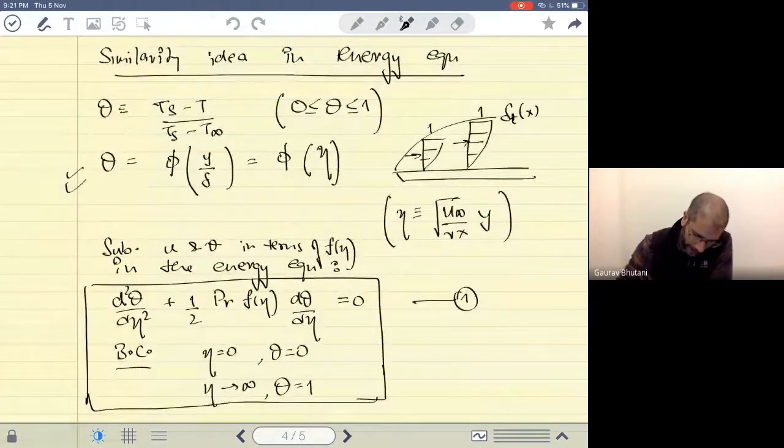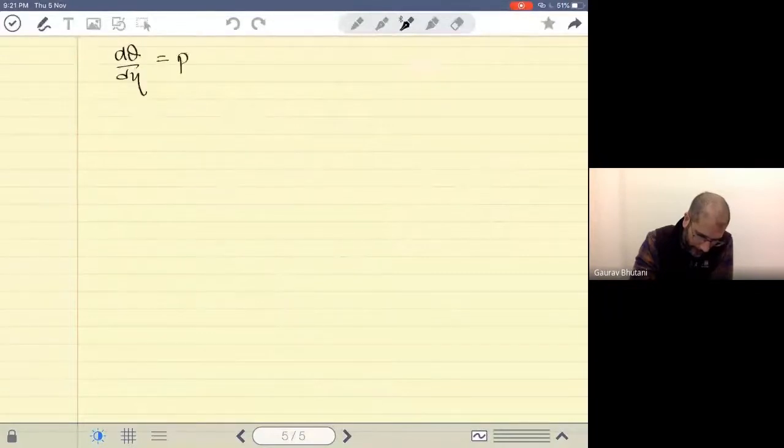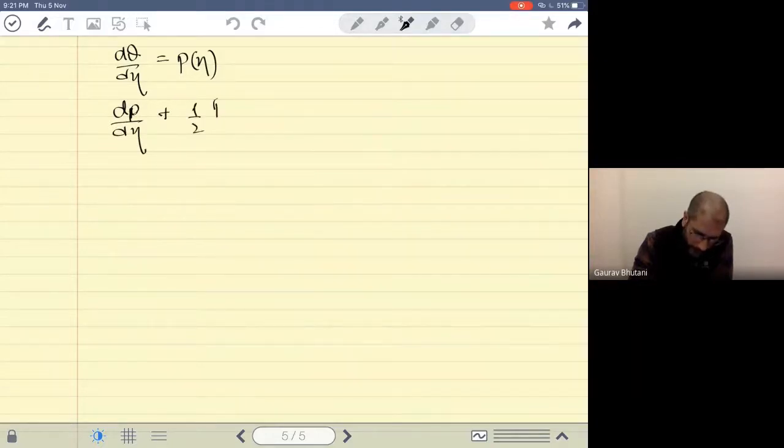So let's call d theta by d eta, let's substitute it, as some function p of eta. Okay, so our ODE simply becomes dp by d eta plus half times Prandtl number times f times p equals 0.